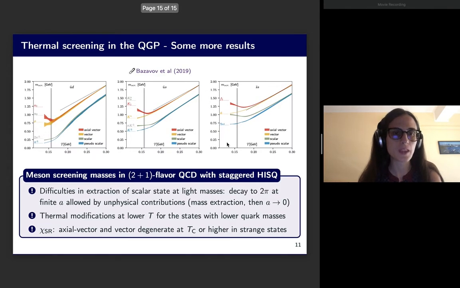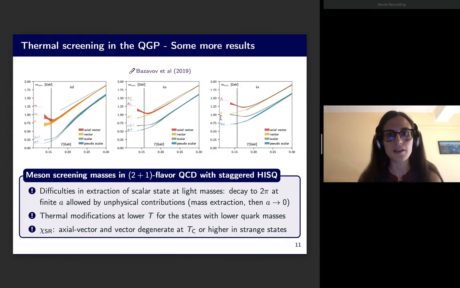And then one can also look at the continuum extrapolated values for the meson screening masses in a setup with 2+1 flavors of fermions, which in the case of the paper that I'm mentioning were simulated with staggered quarks.